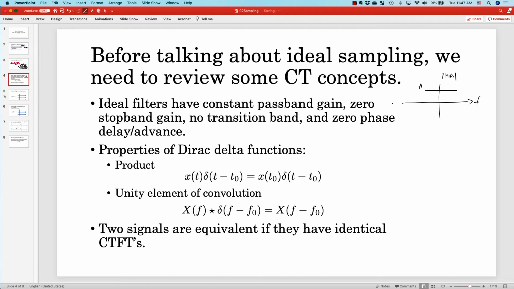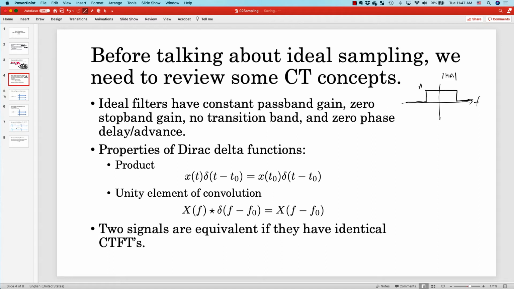They're going to have 0 stop band gain, so in the stop band, they're going to be down here at 0. And an ideal filter has no transition band, and that is the band from high to low, or from pass to stop. So in an ideal filter, these are also called brick wall filters. You're either in or you're out, and there's no shades of gray.